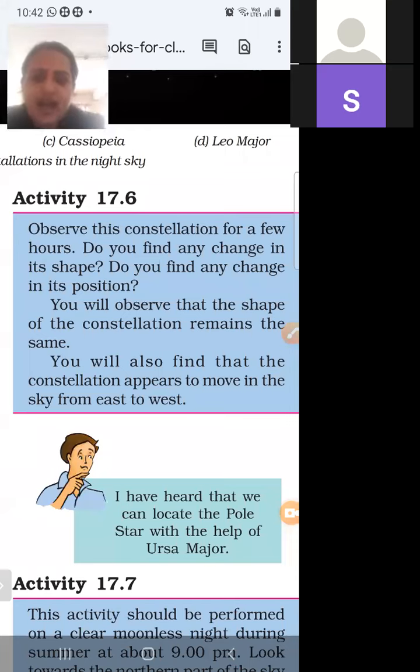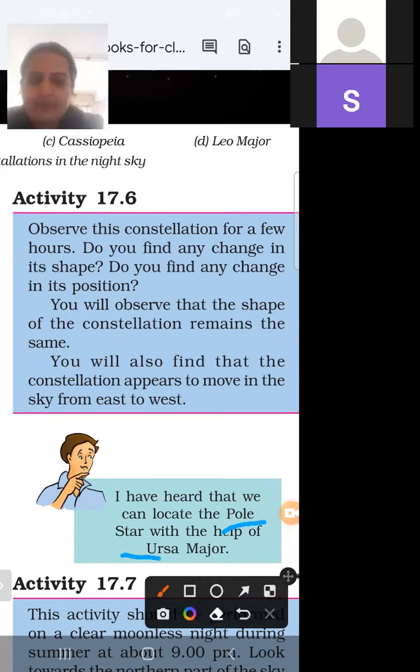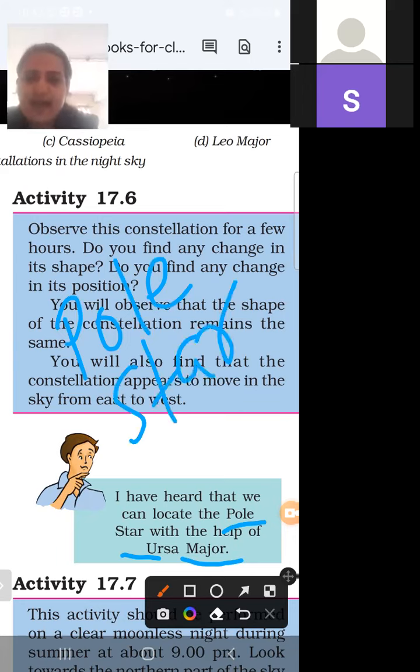I have heard that we can locate the pole star with the help of Ursa Major. So you know that we can find the position of the pole star with the help of Ursa Major.